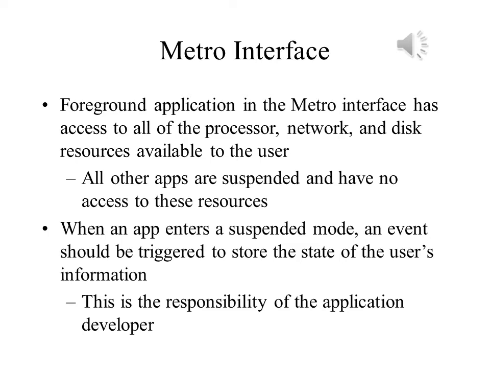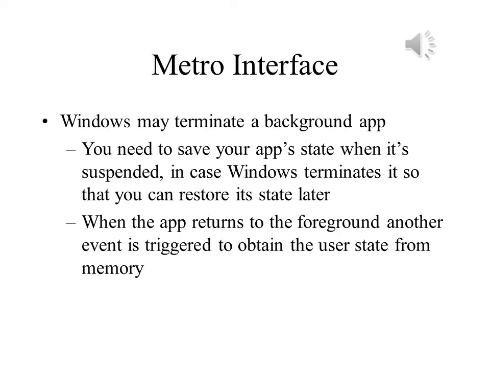Application developers can use code to determine whether it should restore a saved state. Some applications, such as news feeds, may look at the date stamp associated with the previous execution of the app and elect to discard the data in favor of newly obtained information. This is a determination made by the developer, not by the operating system.